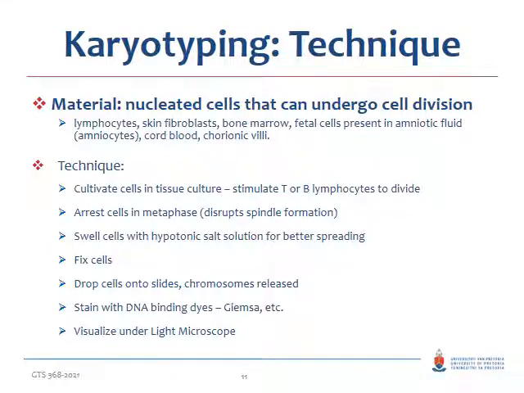It's then fixed onto the slide and the chromosomes are released. You can thereafter stain it with DNA binding dyes. The most common we use is Giemsa, and thereafter visualized under the microscope.